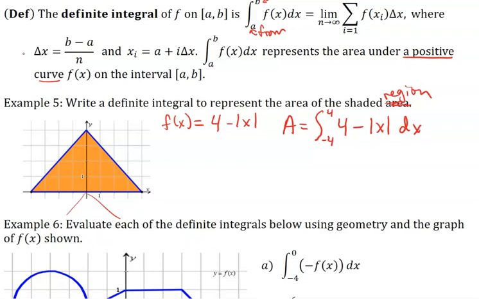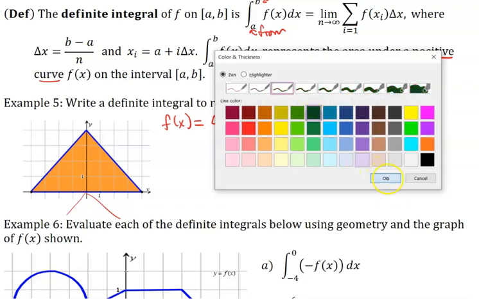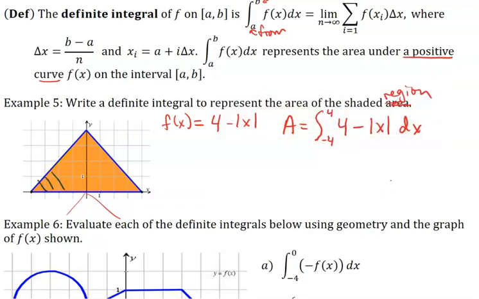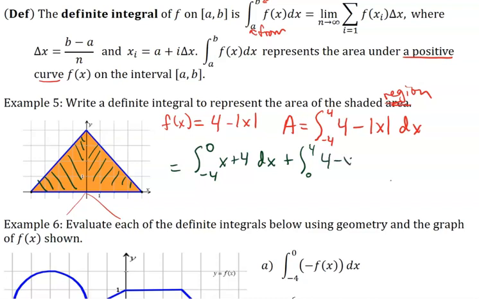We also could do this as two functions. Let me switch colors. We could do the area of this part and the area of this part separately. So that's also equal to the integral from negative 4 to 0, and this line would be y equals x plus 4, times dx, plus the area of this piece from 0 to 4 of 4 minus x dx.